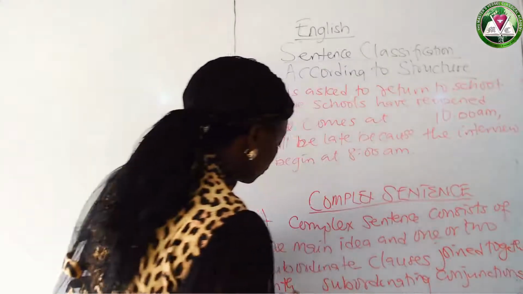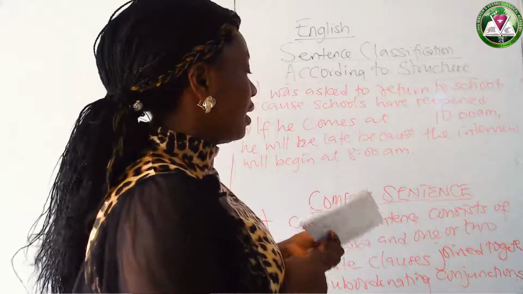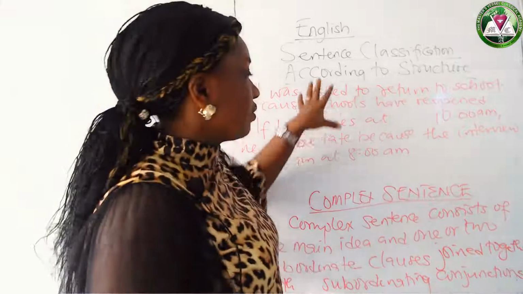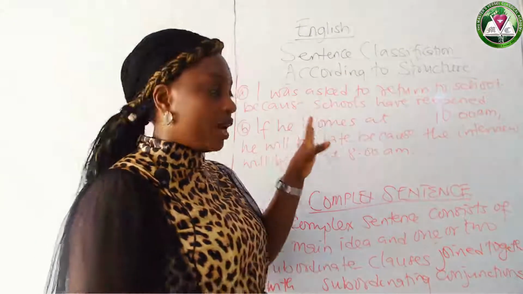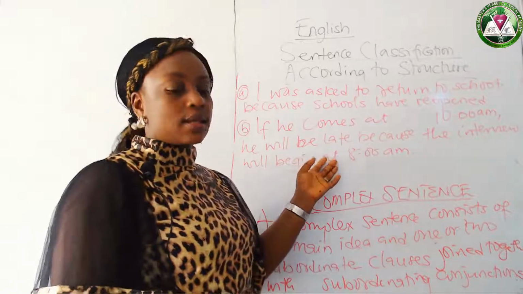I'll give you examples of subordinating conjunctions like because, if, unless, since, and the rest of them. When you have this kind of sentence, just know that you've constructed a complex sentence.